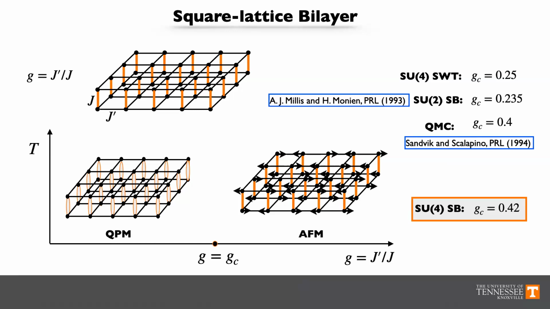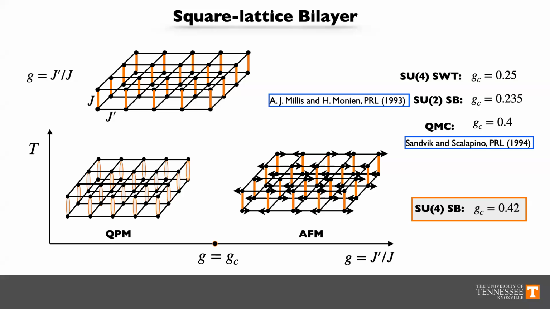You can use SU(4) basically to describe each dimer. It's a 4-level system. And if you use SU(4) spin wave theory, you get that the critical ratio J prime over J is 0.25, while Monte Carlo tells you that it's actually different.